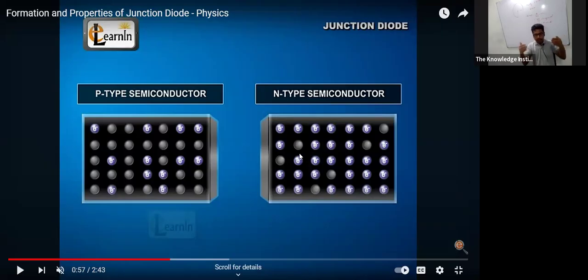So when we bring these into contact, there will be a concentration gradient, a difference in concentration. That you may have studied in chemistry class: if there is a concentration gradient, the particles will move from higher concentration to lower concentration.